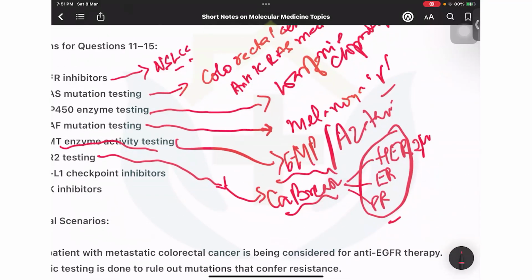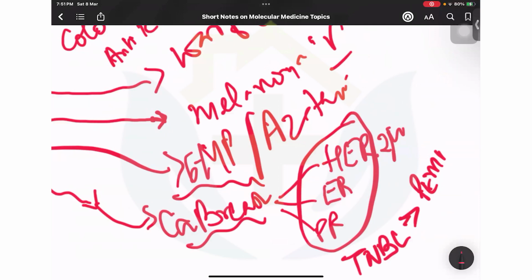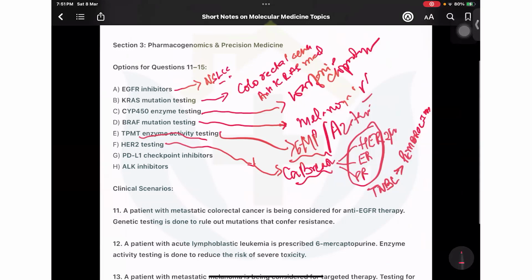Triple negative breast cancer. Which is the drug which is promising? Pembrolizumab. And what is the pathway? There is a receptor which is tested for pembrolizumab, that is PDL1. These days all oncologists are getting it done. PDL1, checkpoint inhibitor, basically.